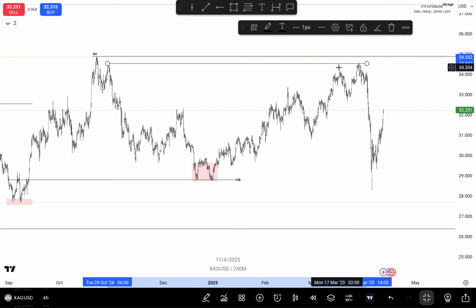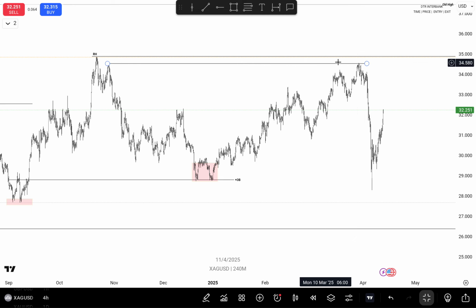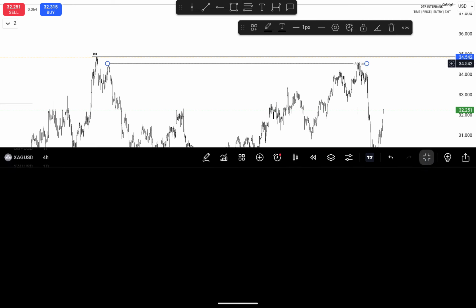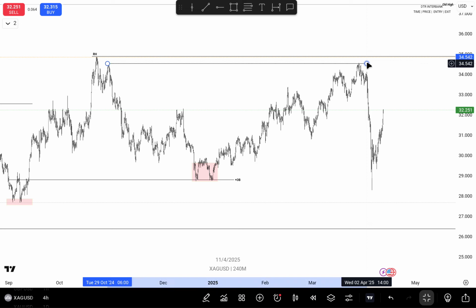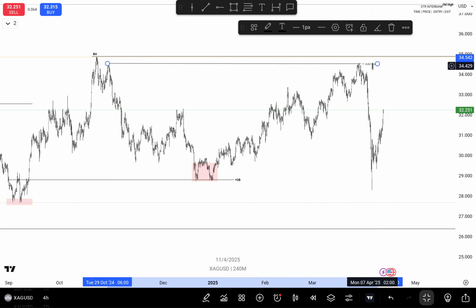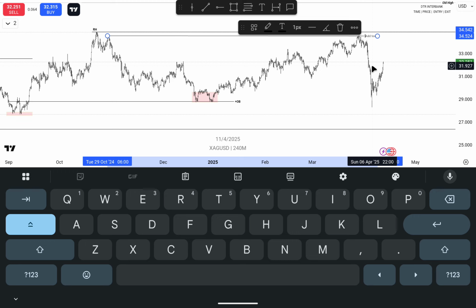This is an old high, so it should have a significance over price, what I'm saying. So I'm gonna just name this key level.